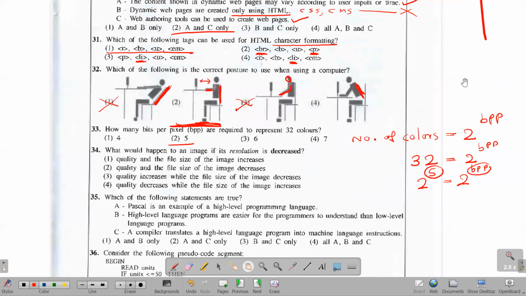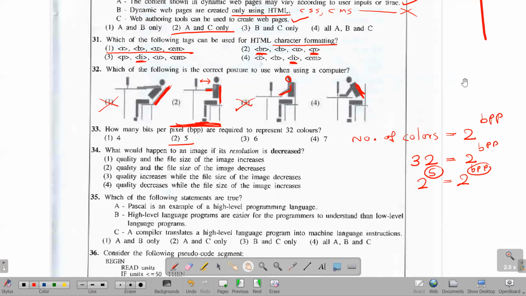34th, what would happen to an image if its resolution is decreased? Decreasing the resolution means you are decreasing the number of pixels per inch. Decreasing the number of pixels per inch will reduce the size of the picture because the number of dots is reduced, and it will also reduce the quality of the picture, right?